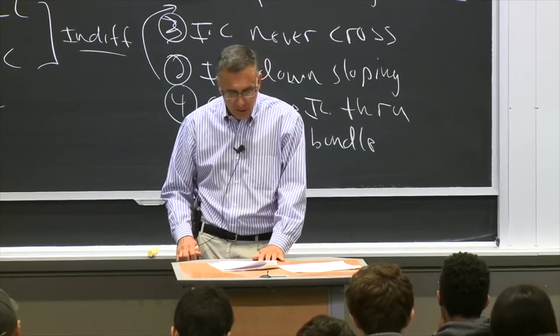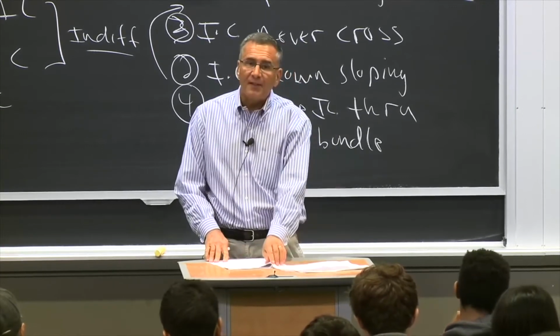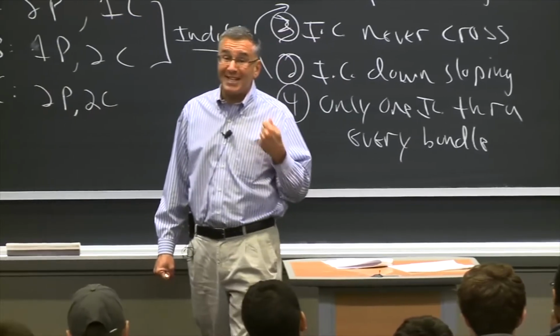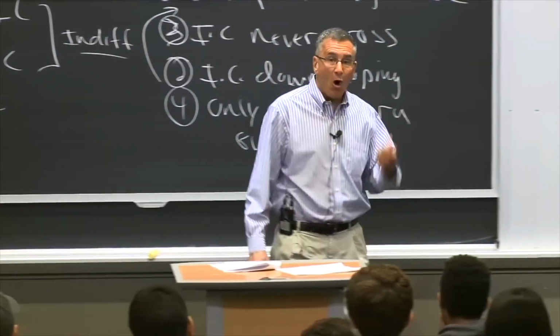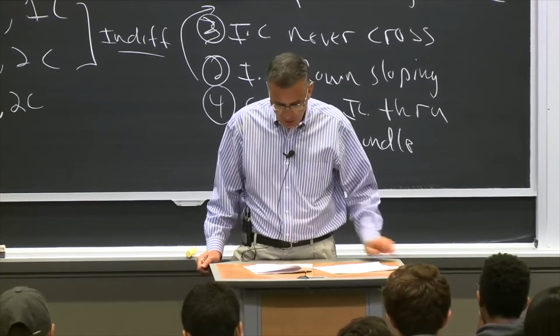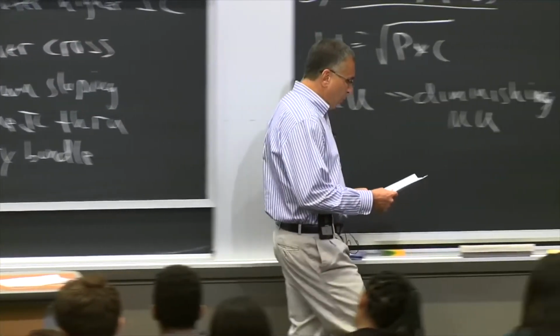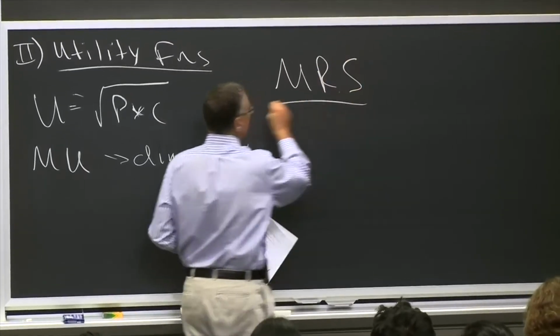All right. So now let's flip back from the math to the graphics and talk about where indifference curves come from. I just drew them out. But in fact, indifference curves are the graphical representation of what comes out of your utility function. And indeed, the slope of the indifference curve, we're going to call the marginal rate of substitution.